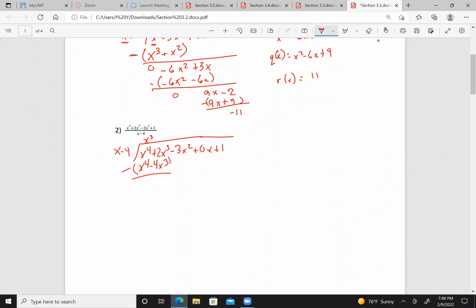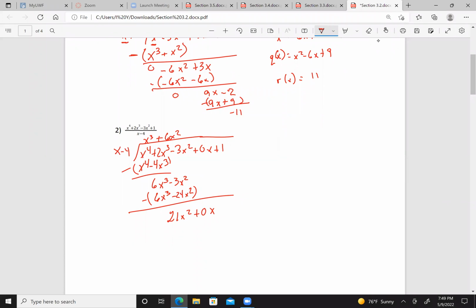I subtract all that. This gives me 6x cubed. Bring down my 3x squared. Then 6x squared times x gives me 6x cubed, and this gives me minus 24x squared. Again, subtract it all. Now I have 21x squared plus 0x.